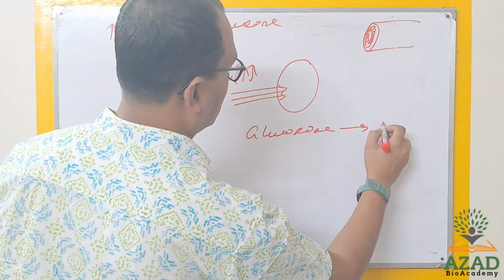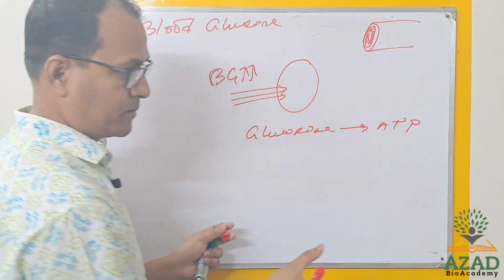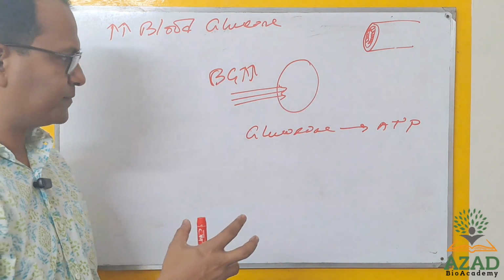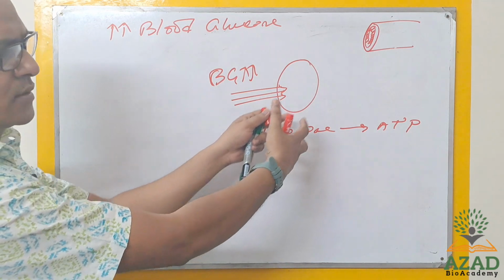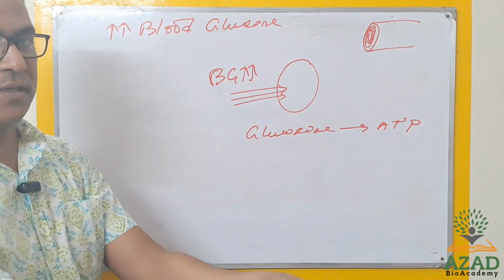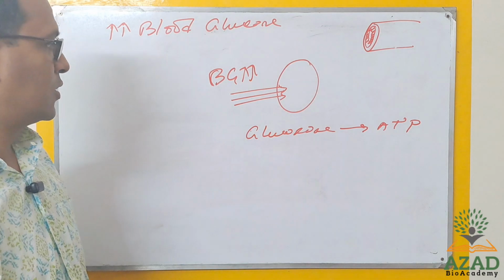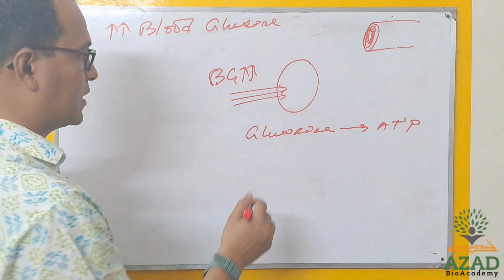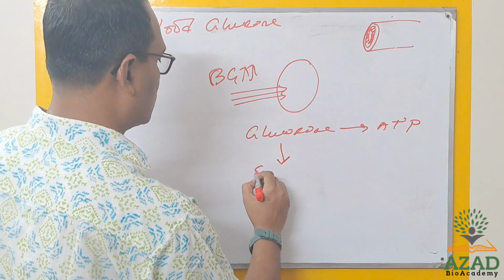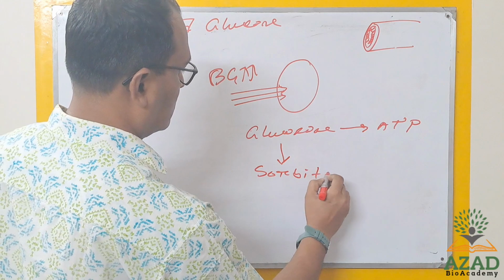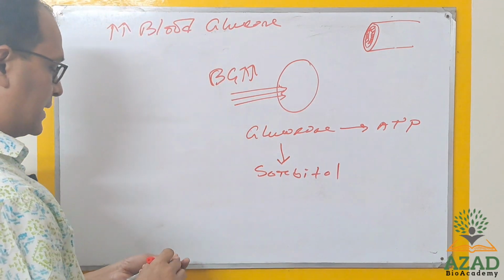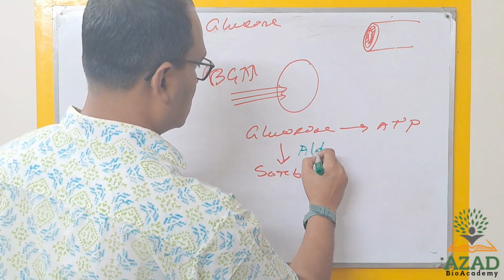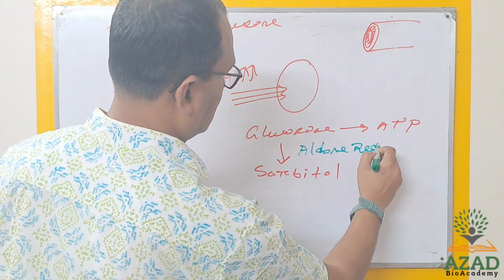Then what will happen? Normally, sugar, that is blood glucose, can turn into ATP by the glycolysis process in the presence of oxygen. Okay, the sugar, acetyl-CoA, pyruvic acid, and then mitochondria, then ATP. This is the normal process. What will happen when the excess sugar enters the cell? That excess sugar will turn into sorbitol, influenced by an enzyme, aldose reductase.